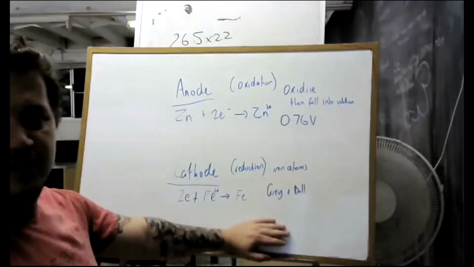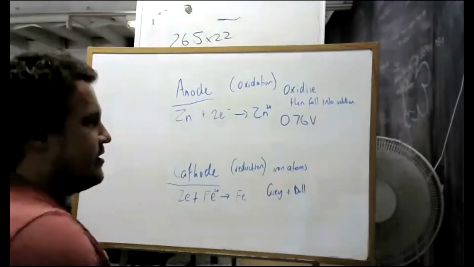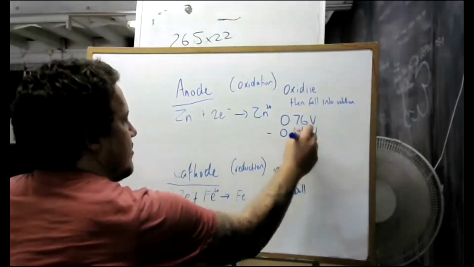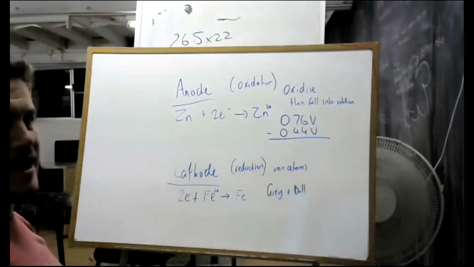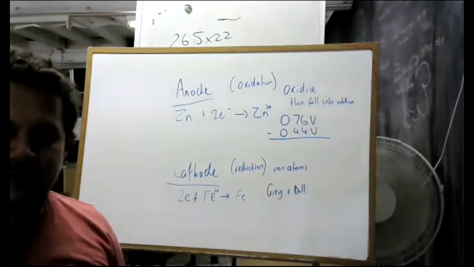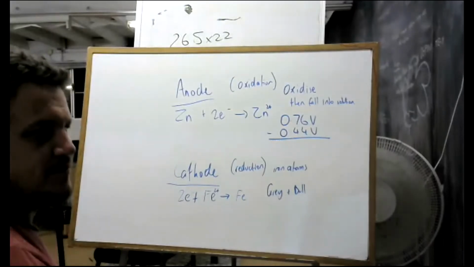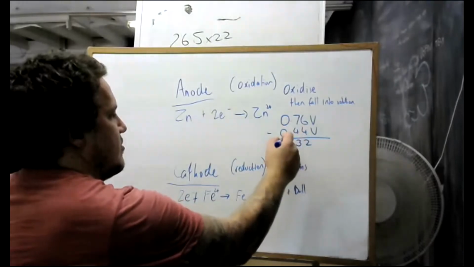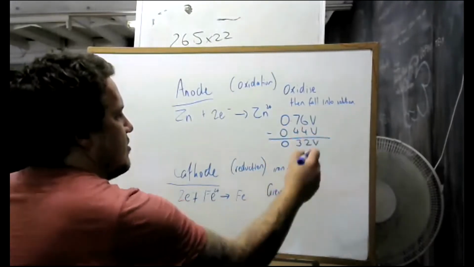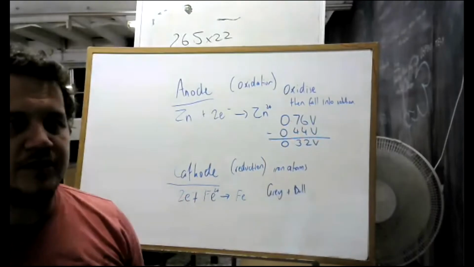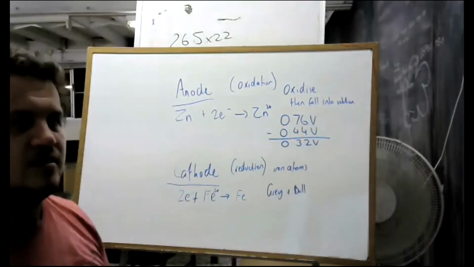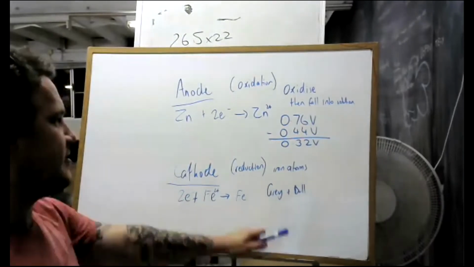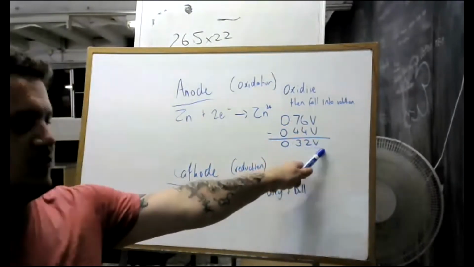The reduction of iron gives us a negative. So we add those together, or another way, we just take them away from each other. So the electrical potential, or the number of volts this could produce, is 0.32 volts.